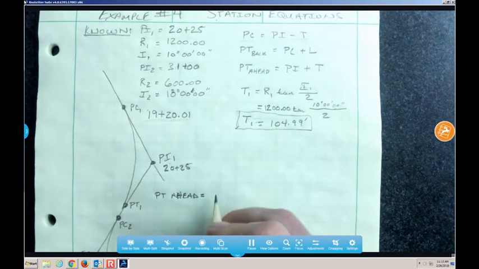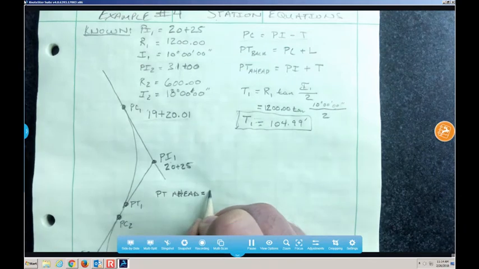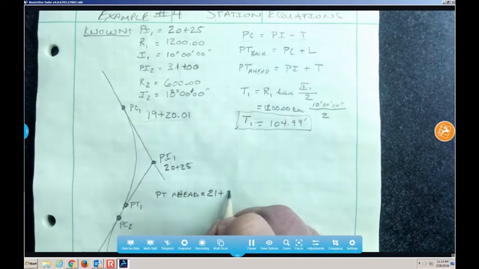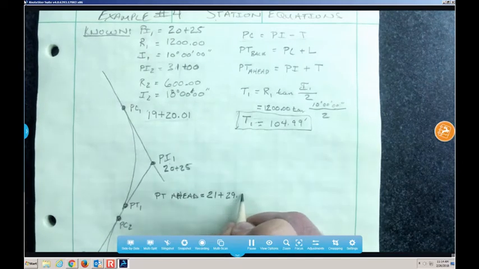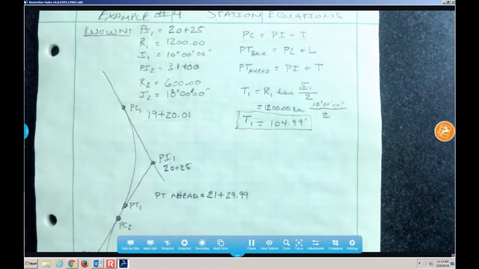What's the PT ahead? I got 21 plus 29.99. Okay, so we found our PT ahead.